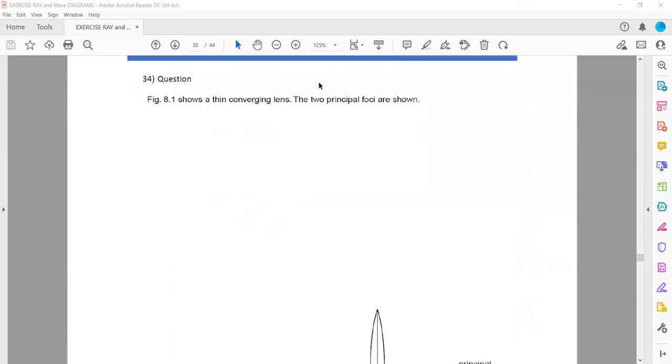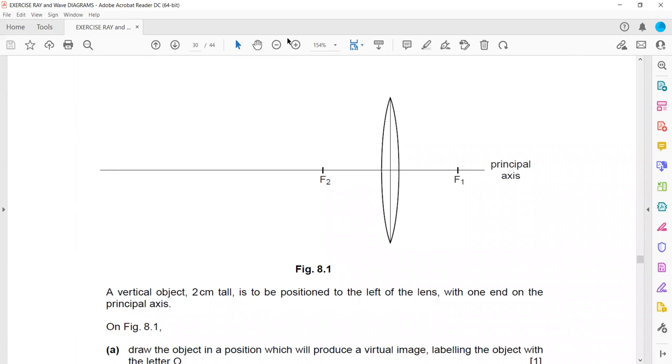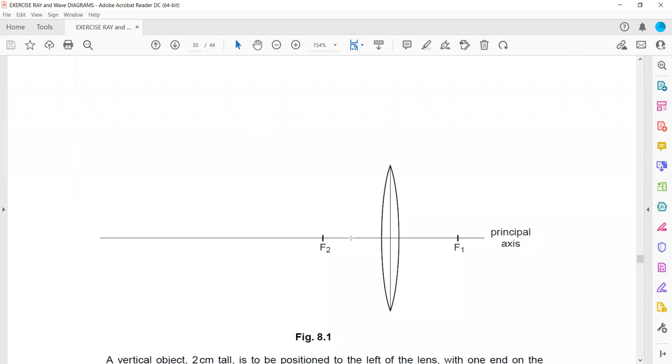Another question: Figure 8.1 shows a thin converging lens. Two focuses are mentioned. An object of 2 centimeters is positioned on one end of a principal axis. Draw an image, a virtual image. So how to get a virtual image? To produce a virtual image, the object must be placed between the focus and the lens. One parallel light ray will pass through the focus, and one through the center will pass straight.